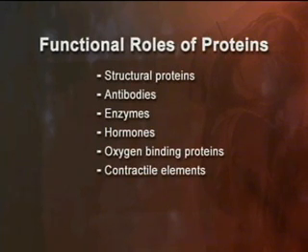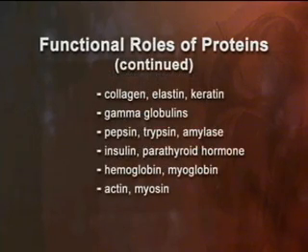If we take a look at the next graphic, we can see specific examples of the kinds of things we're talking about. The structural components, fibers, are collagen, elastin, and keratin, or at least examples thereof. Antibodies are also known as gamma globulins. Those are defensive proteins that are involved in the immune process.